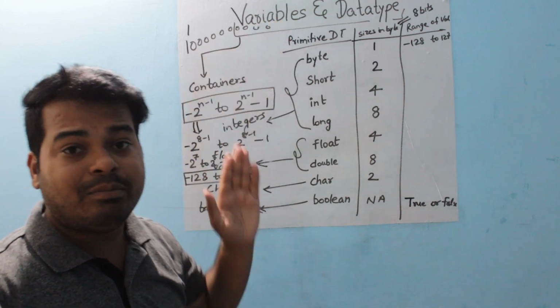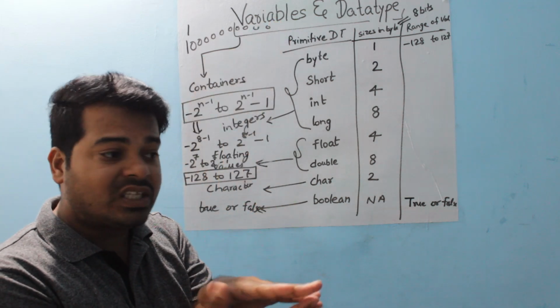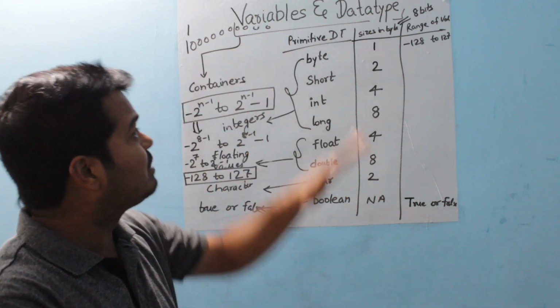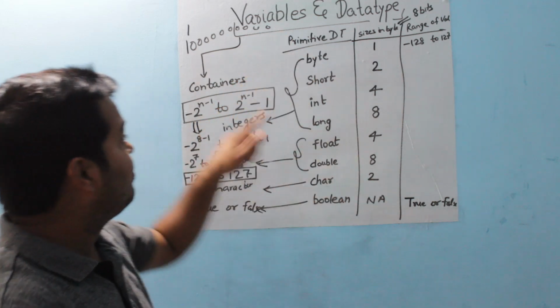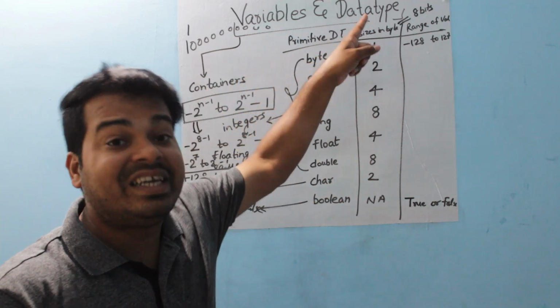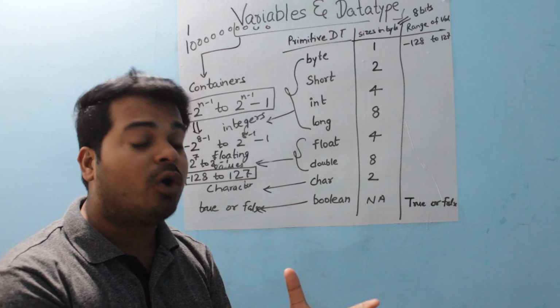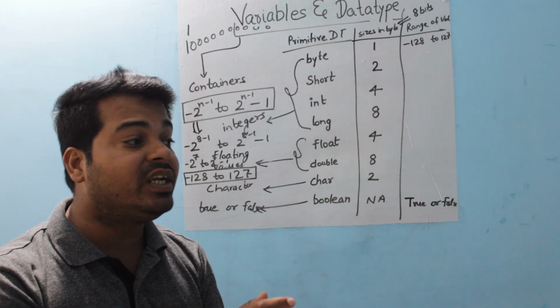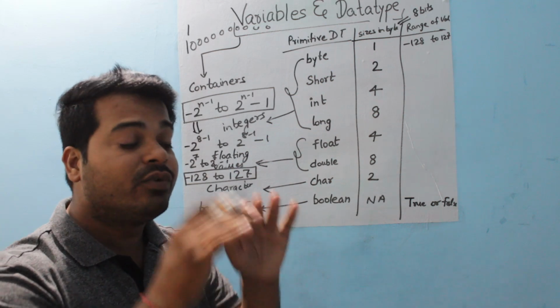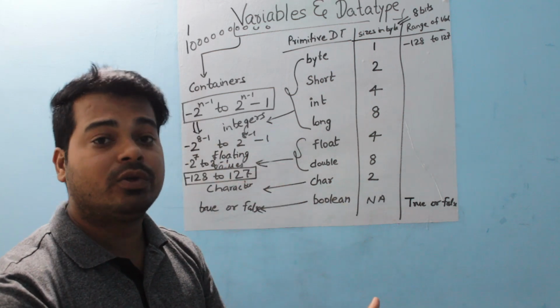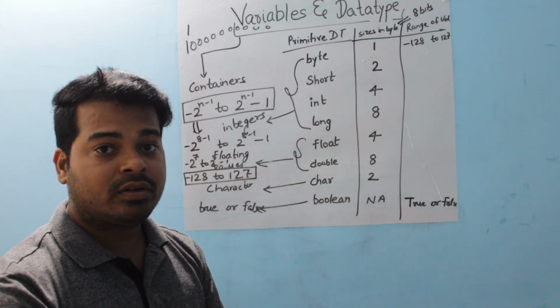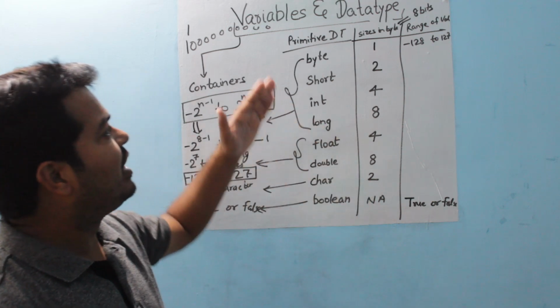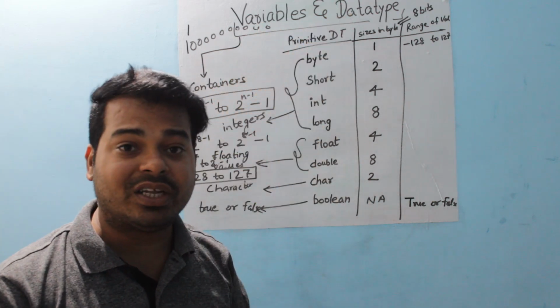My variable will tell me I need to place clothes in the cupboard. My cupboard is my variable, it is a container. But my data type will tell me how big a container you want, or what kind of container you need to keep your clothes in. If you need a cupboard, how big you need your cupboard. So I hope now variables and data types are clear to you.